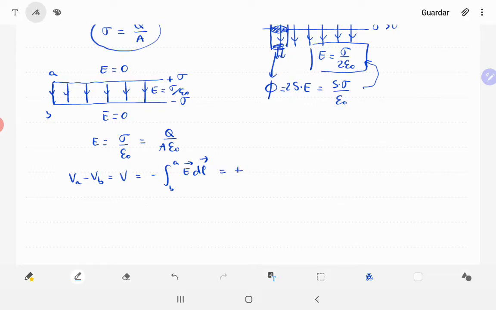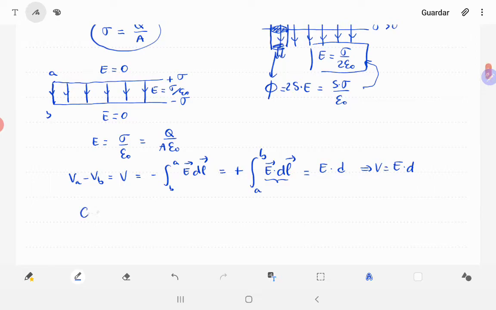This is going to be equal to plus the integral from A to B of the electrical field dotted with the differential of path. Here they're both parallel, so this is positive, so this is just E times the distance between both plates that we called at the beginning D. Okay, so now we know that V is equal to E times D.